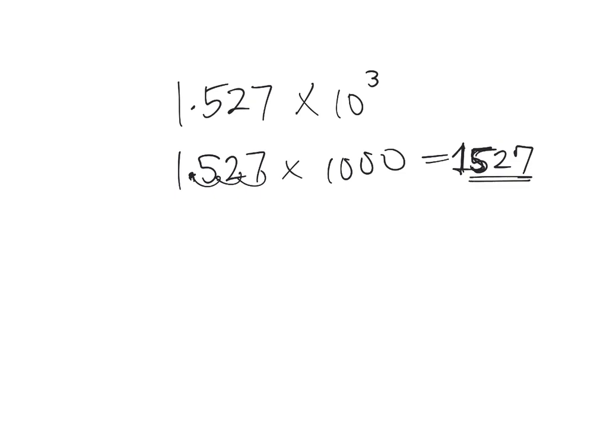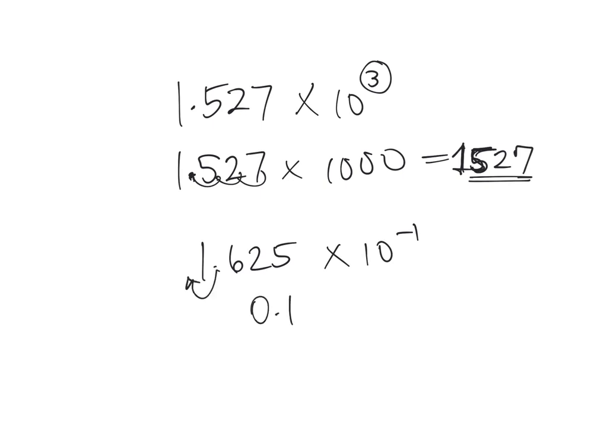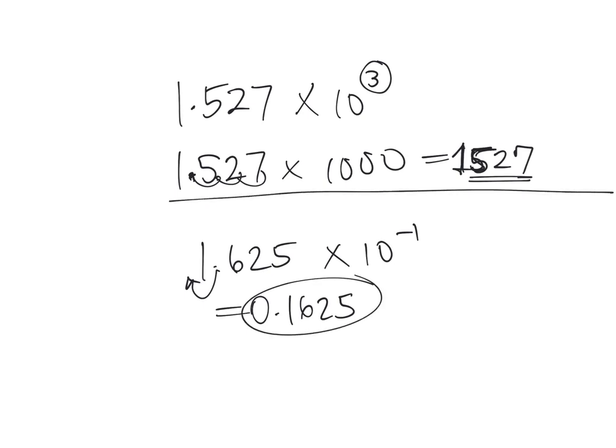So when you're multiplying by a positive power, like 10 to the third power, you move the decimal to the right. When you're multiplying by a negative power, you move the decimal to the left. That's something you're going to learn later on. But if you had a situation like 1.625 times 10 to the negative 1, you would move that decimal over to the left. So it'll become 0.1625. But in this chapter, you're only dealing with the positive, and so you move the decimals to the right.